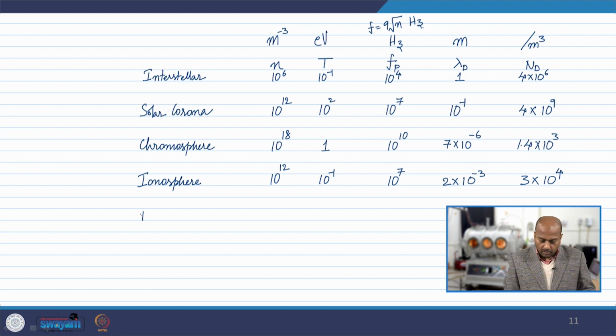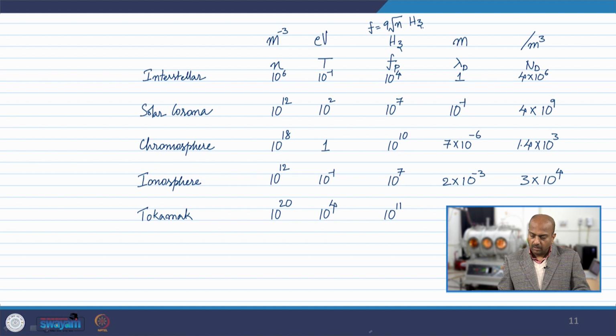And you have another man-made plasma, tokamak, which will have very high densities, and at the same time very high temperatures. The plasma frequency will be of the order of 10 to the power of 11, and Debye length would be 7 times 10 to the power of minus 5 meters, and 1.4 times 10 to the power of 8 per meter cube, right.